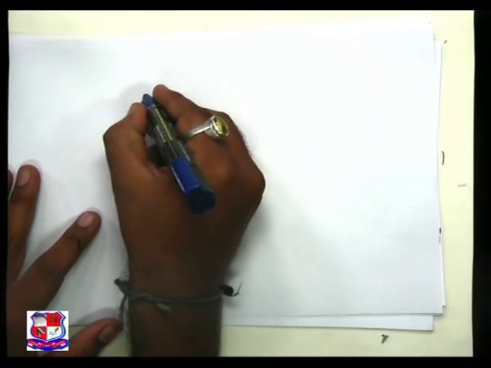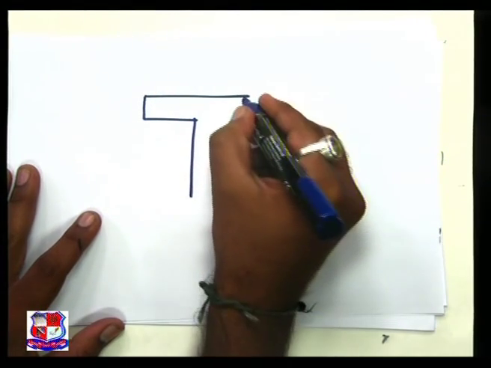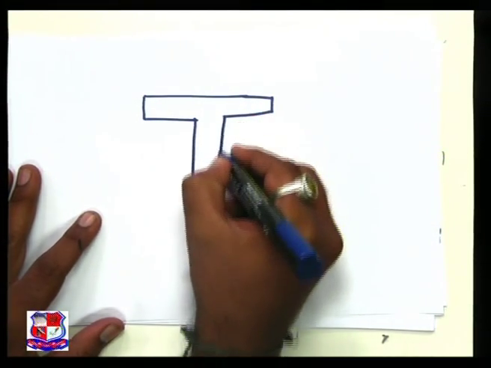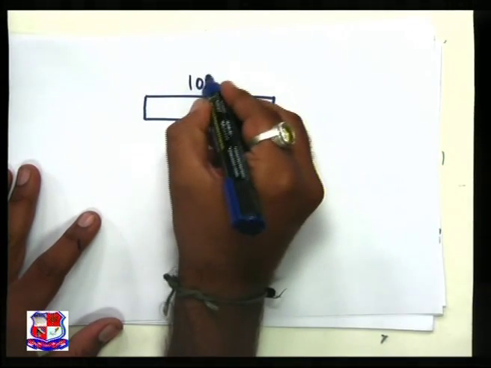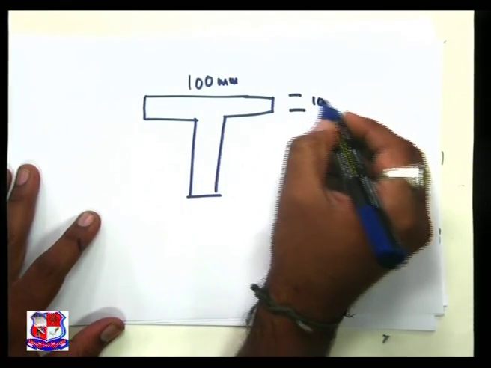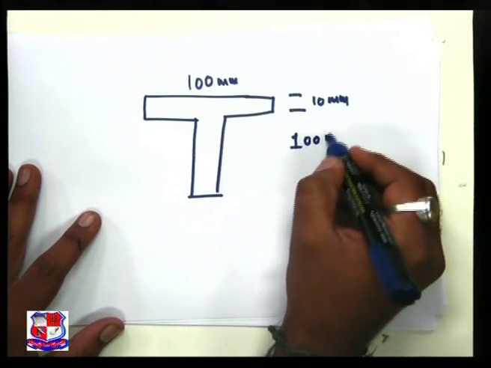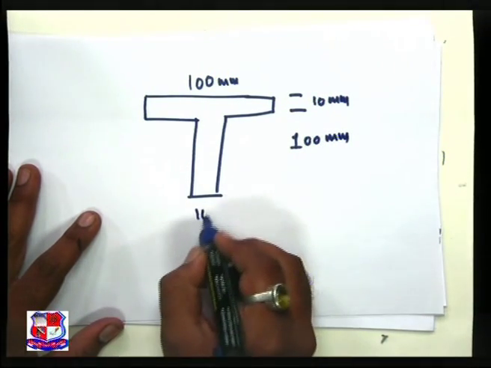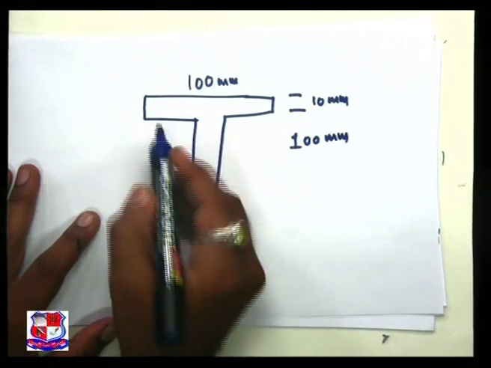The name of that section is T section. The dimensions are 100 mm, 10 mm, and once again 100 mm, 10 mm.